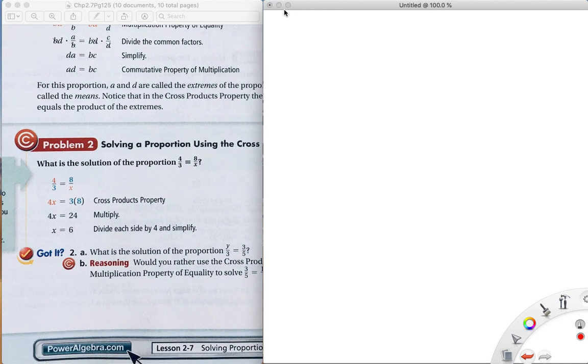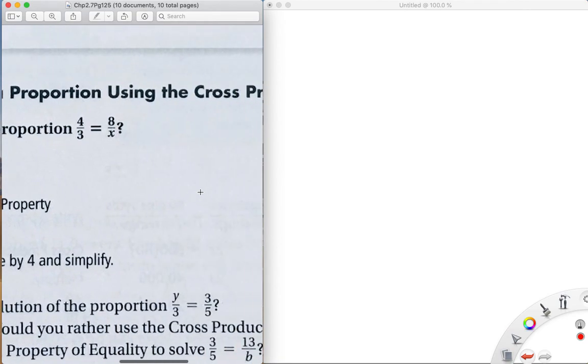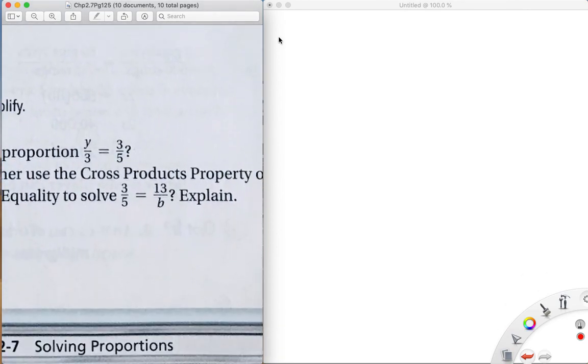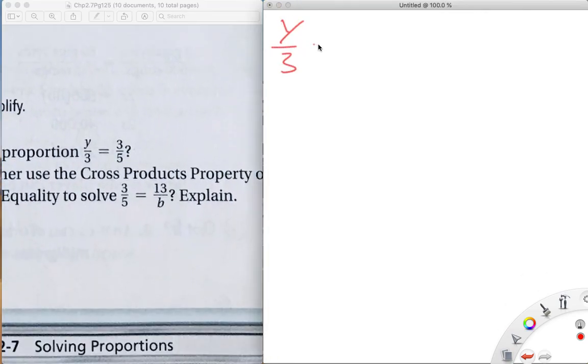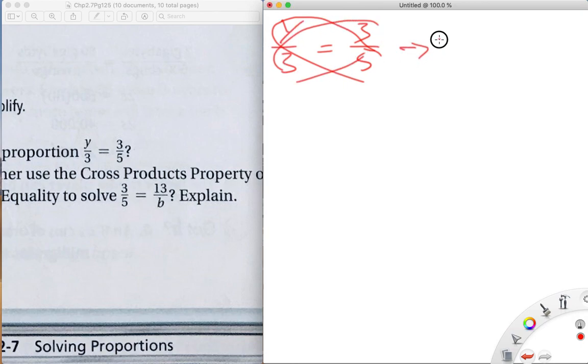So here we have, forgot it, 2a, we have y over 3 is equal to 3 over 5. We can cross multiply. Boom, boom. So that's going to be 3 times 3 is equal to 5y.